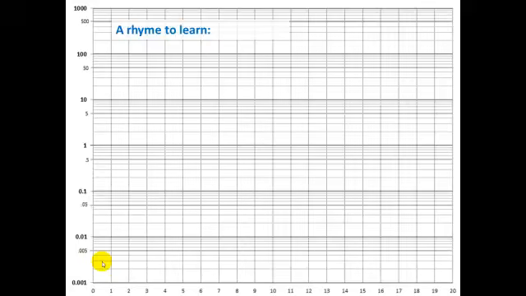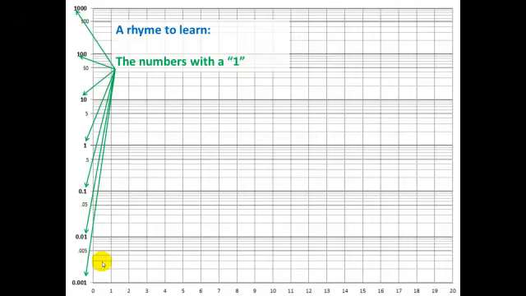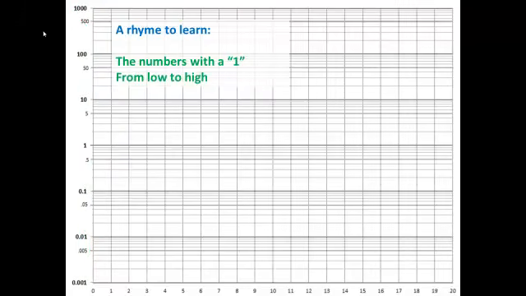So here's a rhyme to learn. You can see all the numbers with a 1 that are pointed at with the green lines. So the numbers with a 1 from low to high, there's 7 of them.